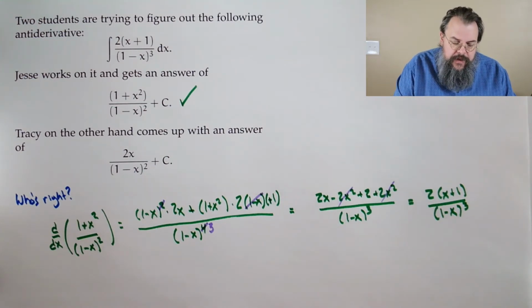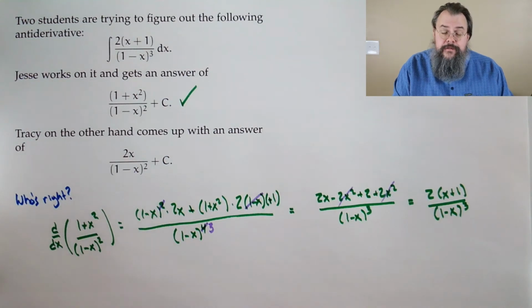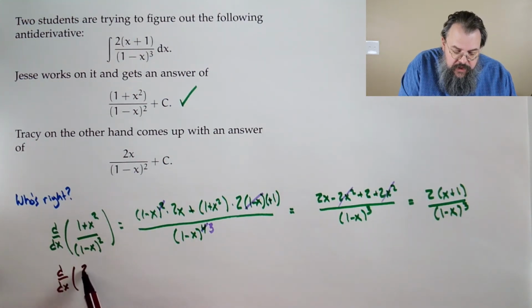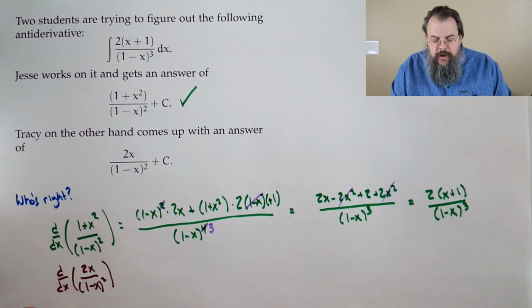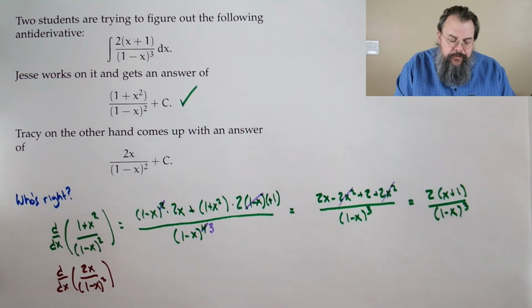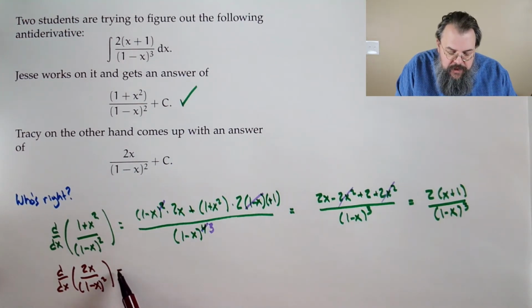Okay, so now we'll take that derivative. So the derivative of 2x over 1 minus x squared. I'm not going to worry about the plus c, because when we take the derivative, plus c goes away. All right, so similar process.